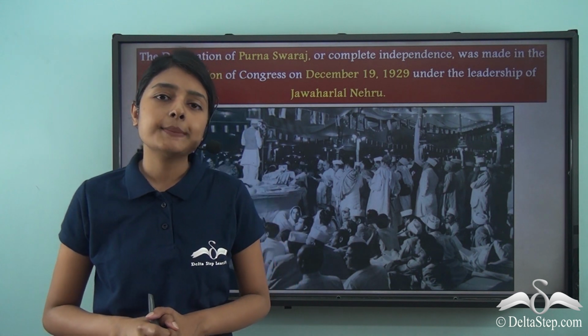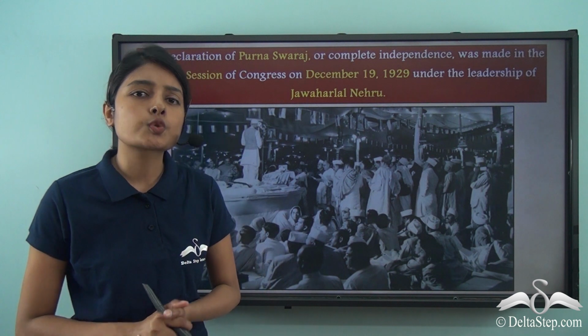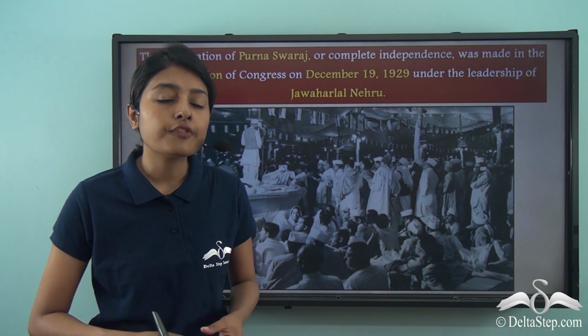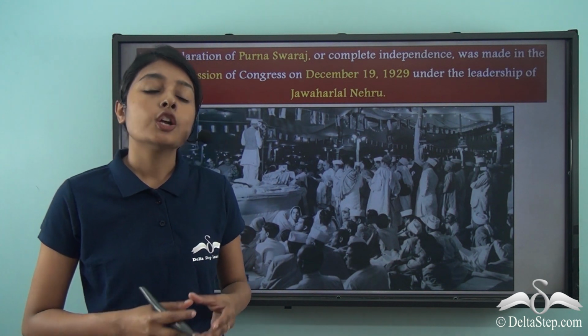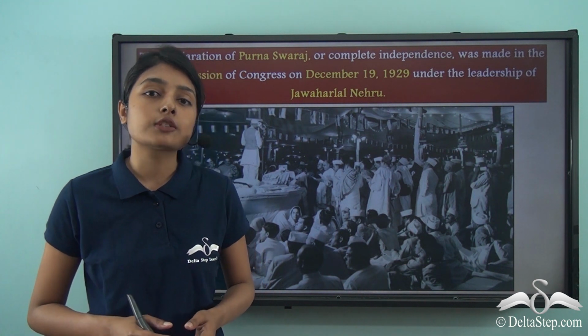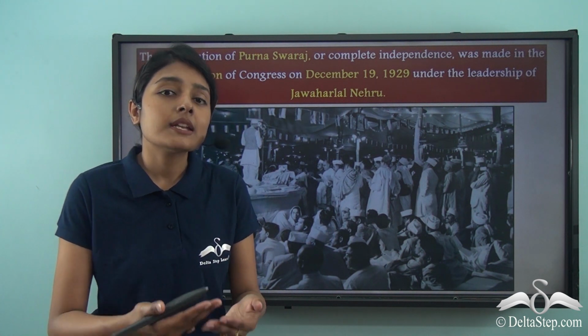Now, during this time, the young radicals within the Indian National Congress were no longer holding any faith in this idea of dominion status. So, these young radicals like Subhash Chandra Bose and Jawaharlal Nehru completely overshadowed the moderates and the liberals who were looking for a middle ground.